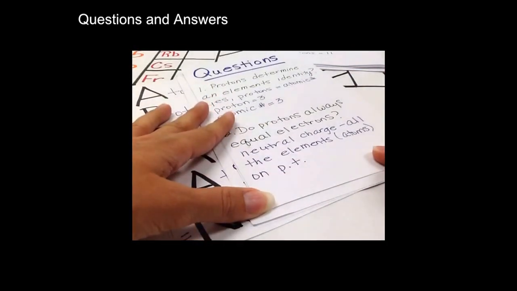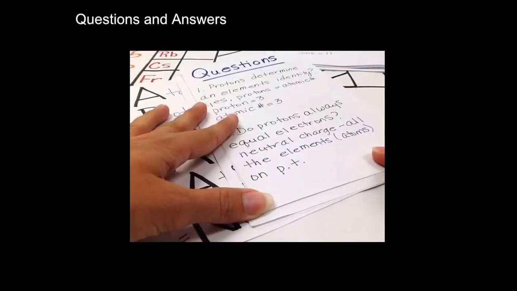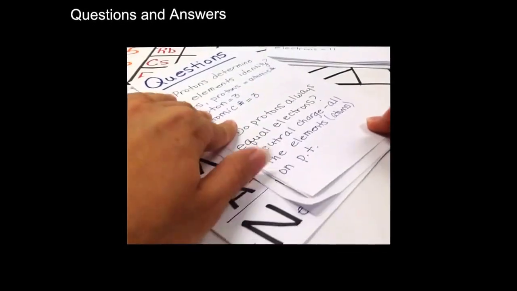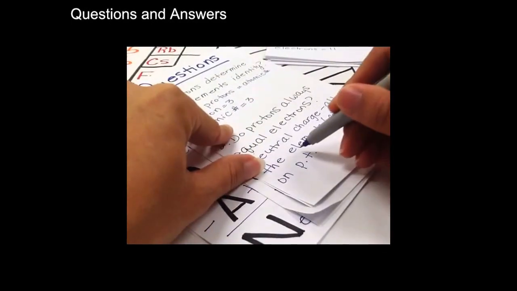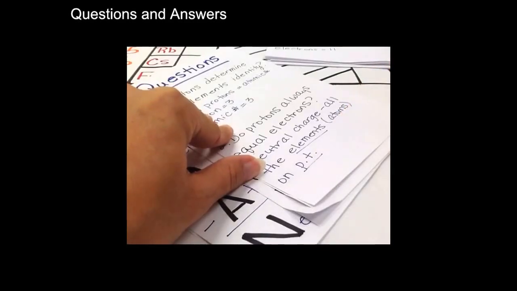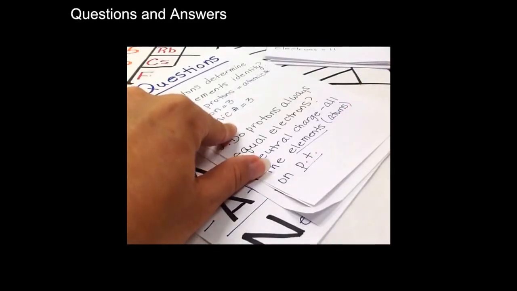For something to have a neutral charge, then they must be equal. So therefore, if it's an element on the periodic table, then yes, they will be equal.